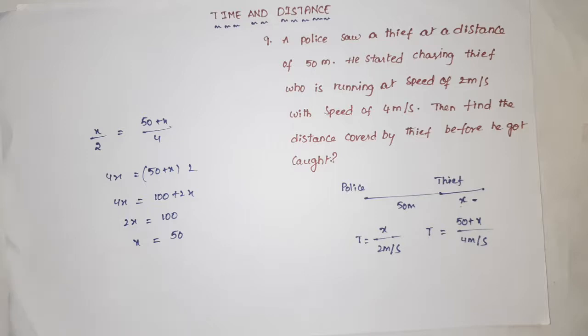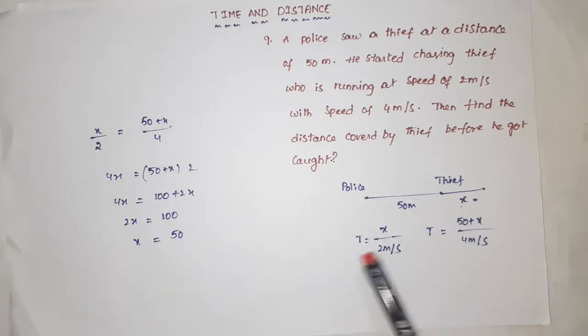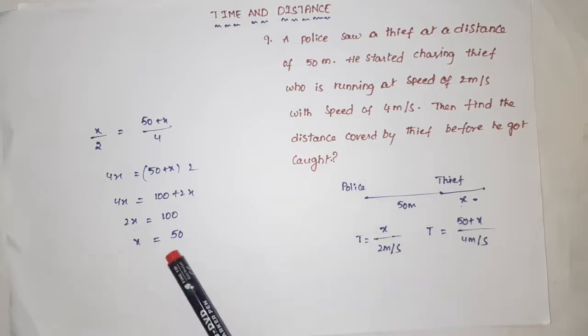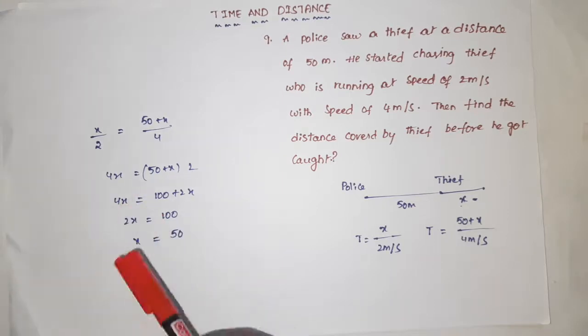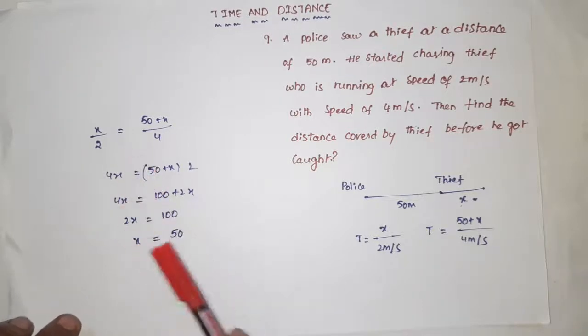We took the equation of time taken from case 1, which is the thief, and case 2, which is the policeman. We just equated this time to get the unknown value x. So this is a very simple question, friends. If you are familiar with this kind of problem, you can directly come to this particular equation to get the end answer.